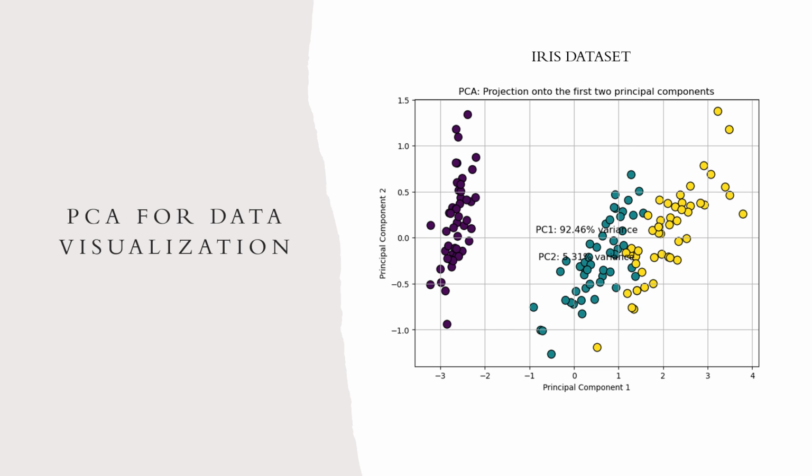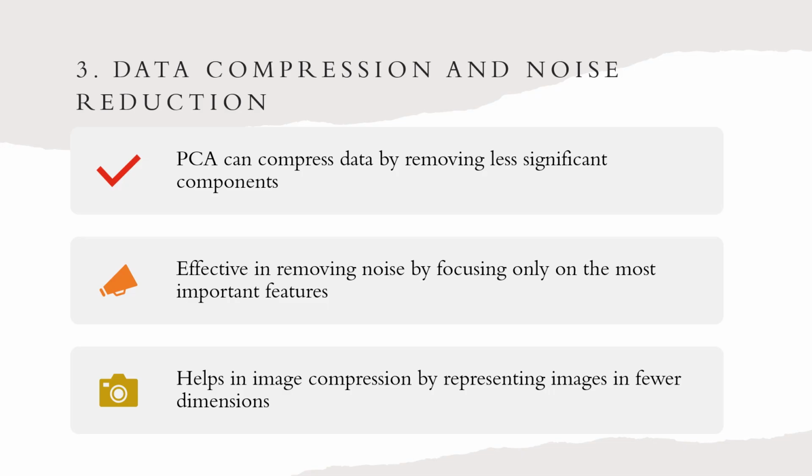By principal component 1, we are able to get 92.46 variance, that is the maximum variance we are getting in the first principal component. The next variance we are getting in PC2, that is principal component 2, that is 5.1, is the variance of my y-axis. So we'll see how this works. I'm skipping this slide.